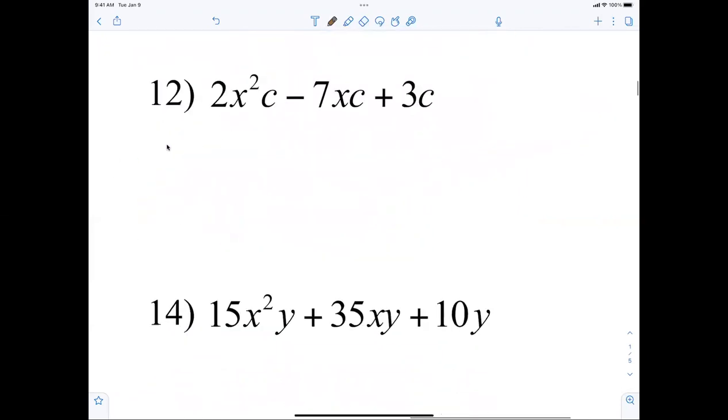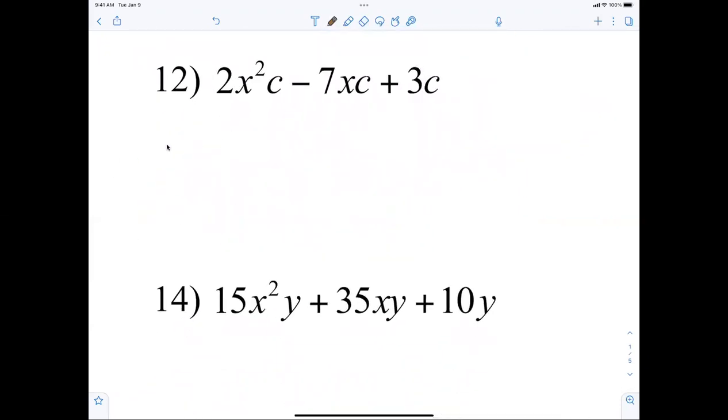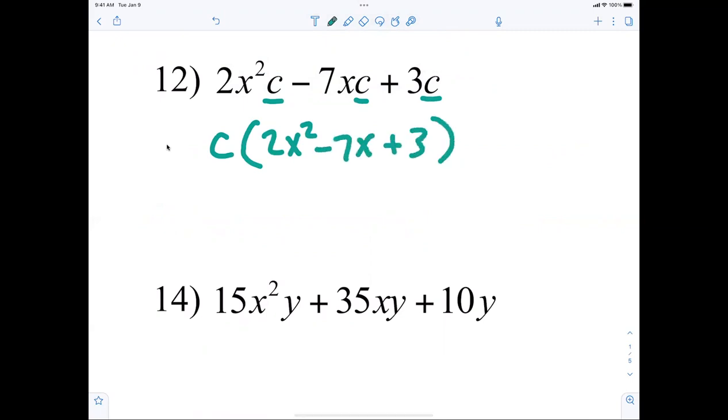All right, number 12, GCF. What's the GCF? Thank you for those of you who saw C. 2x squared minus 7x plus 3. That one should be kind of easy for you to factor.